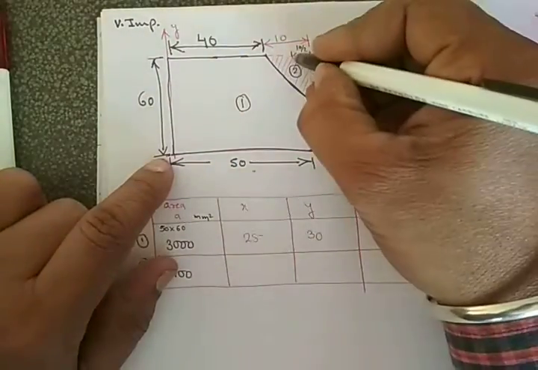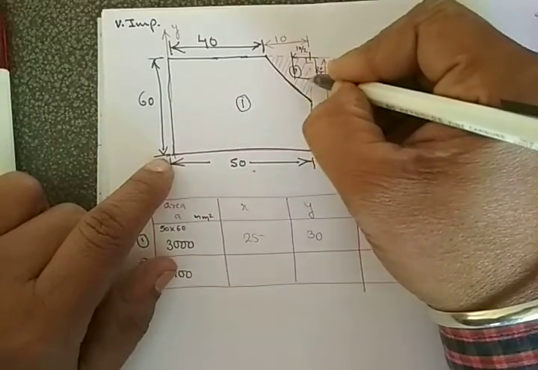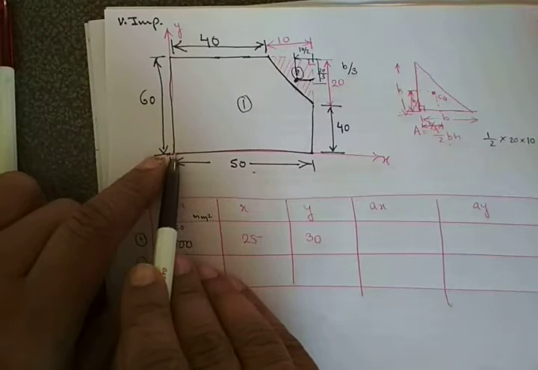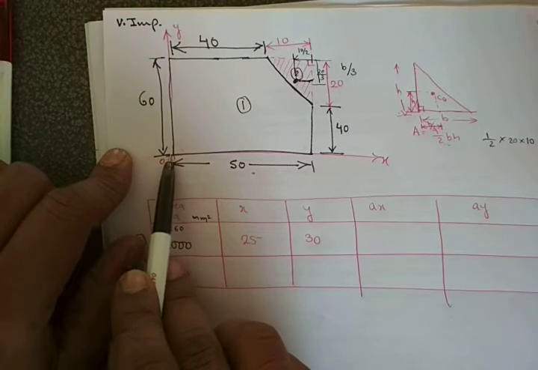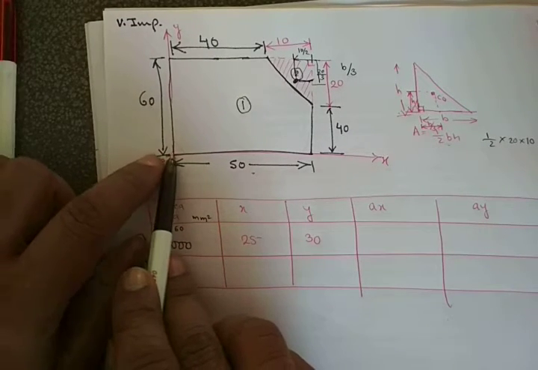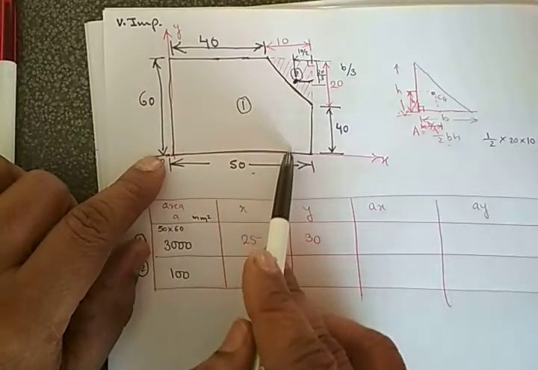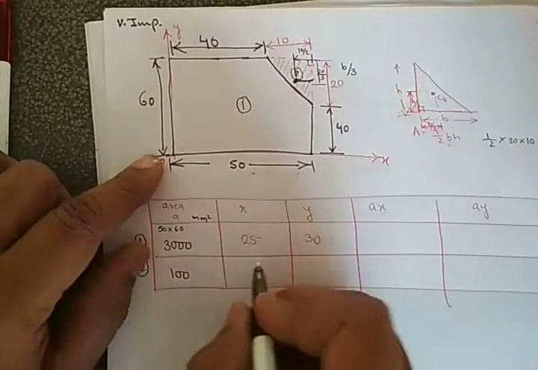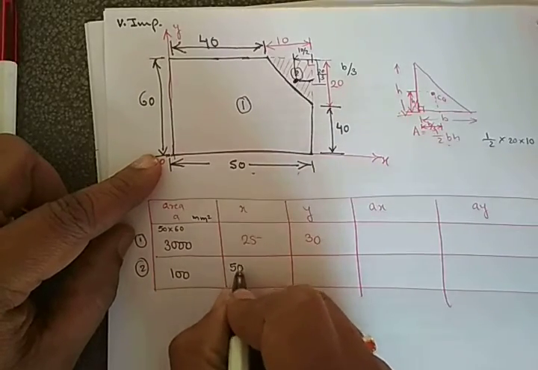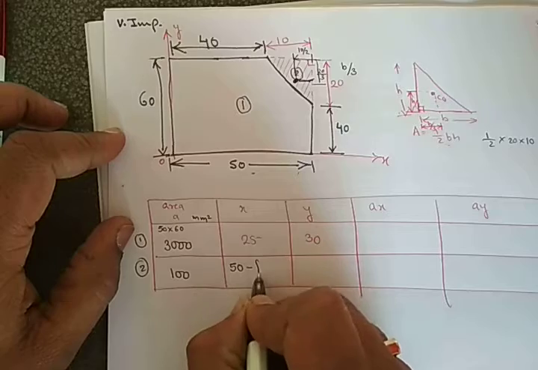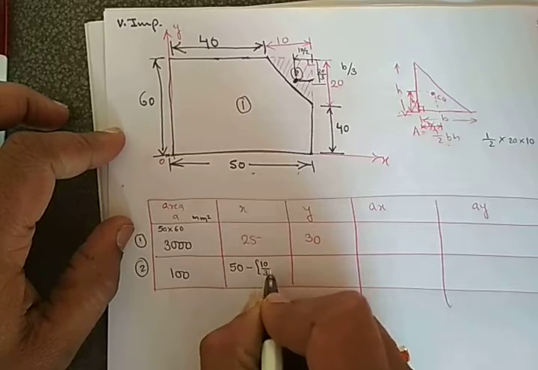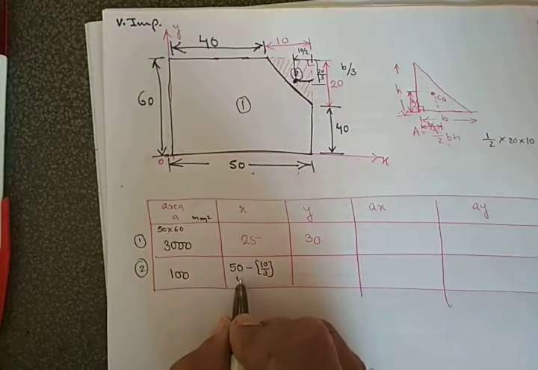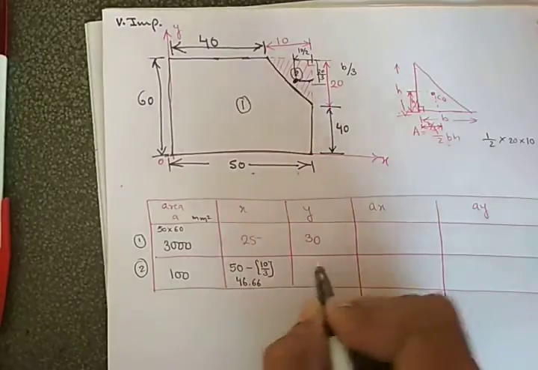When we want to measure the CG at this point from the origin, in the x-direction it is 50 minus 10 by 3, which is 46.66.